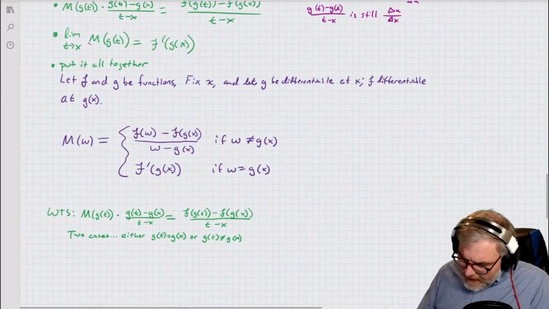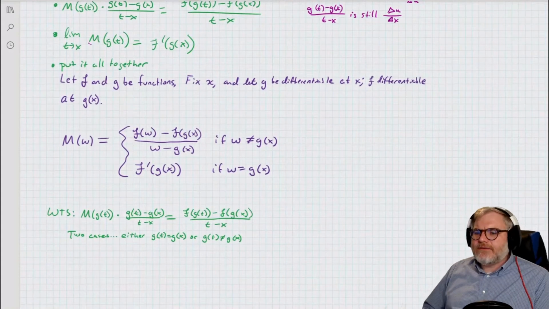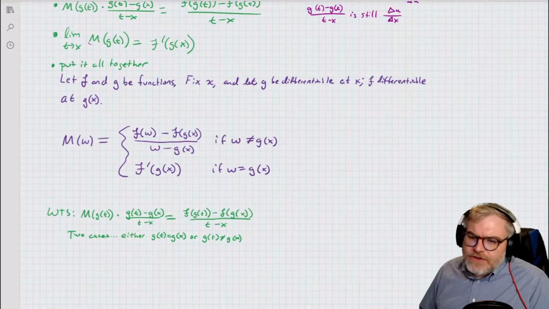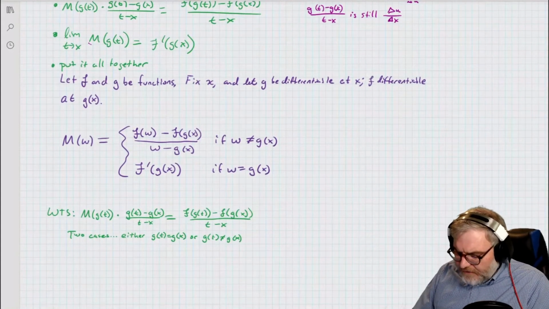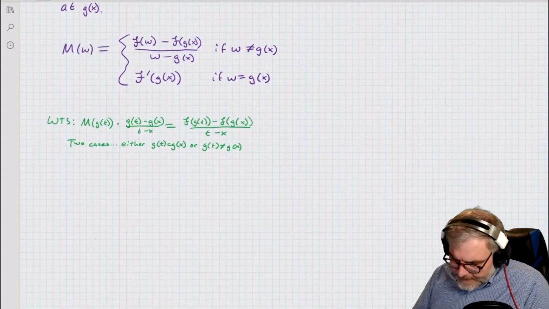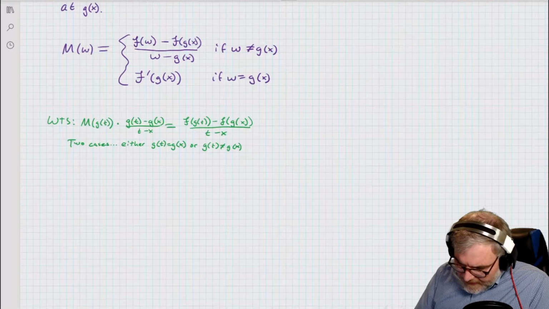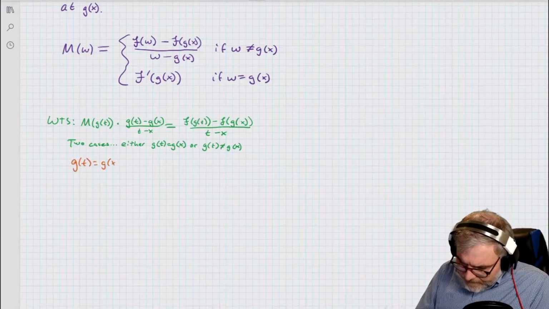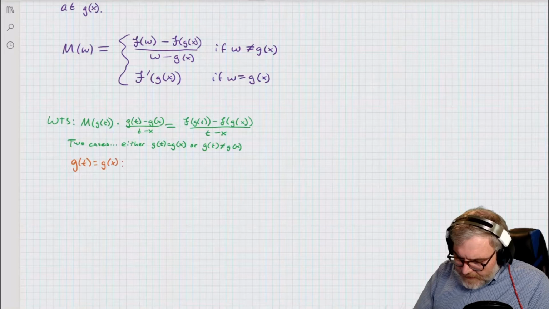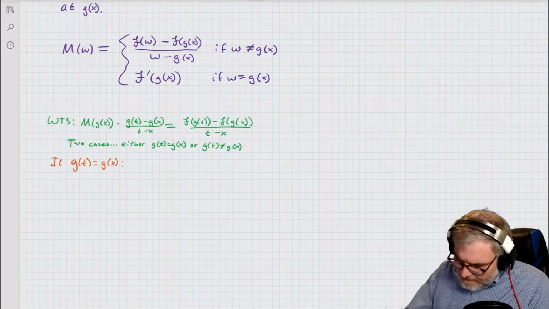So now I've defined it. I need to show that this thing works. And there are two cases, either g of t equals g of x or not. Well, let's assume that g of t does equal g of x. So this is the case, if g of t equals g of x.